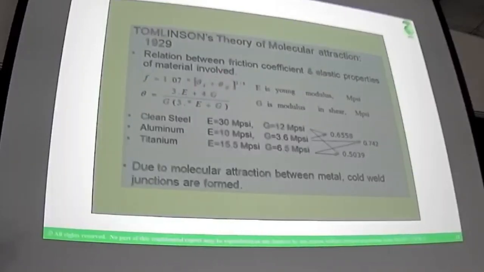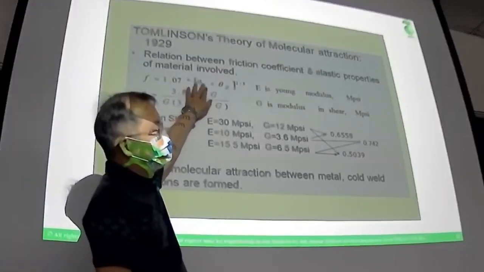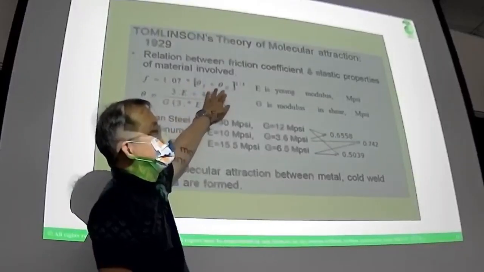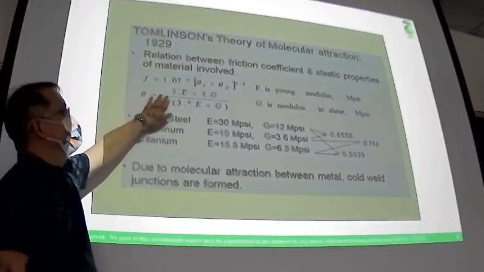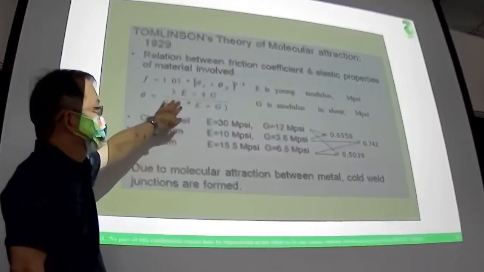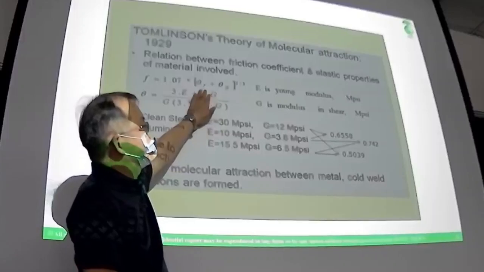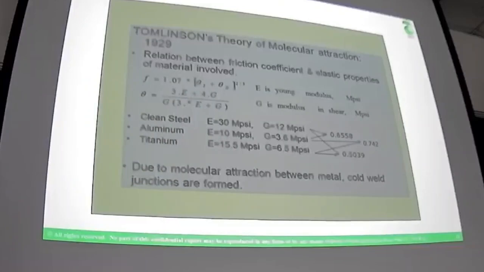You have theta one, theta two. Theta one is for material one, theta two is for material two. And you have theta equal to the Young's modulus and shear Young's modulus, a combination of these two. So this is related to the material property.